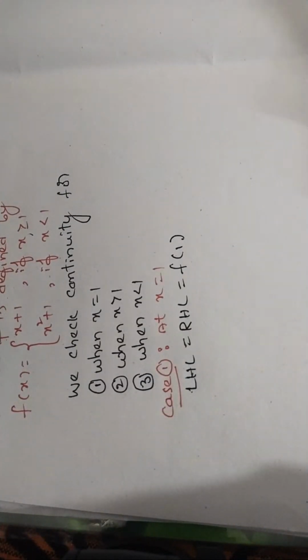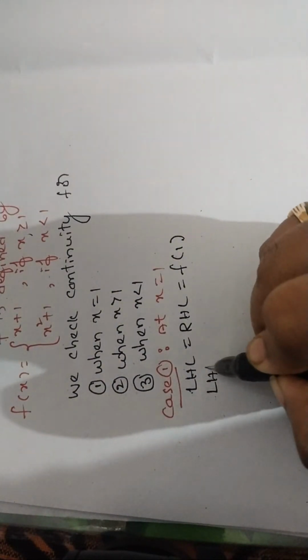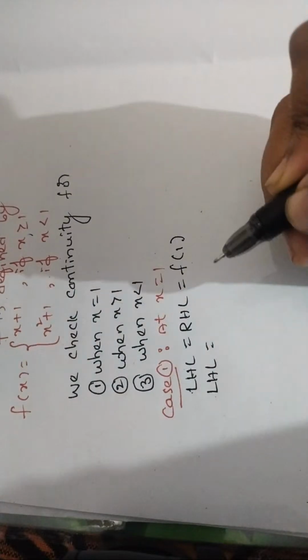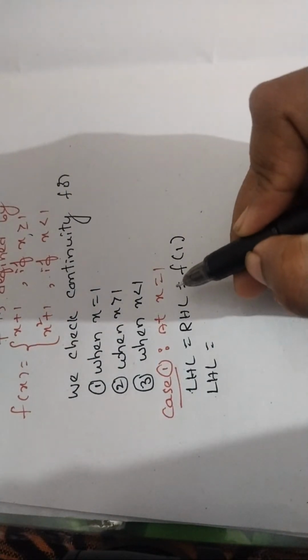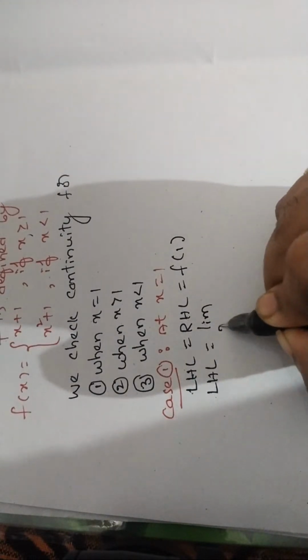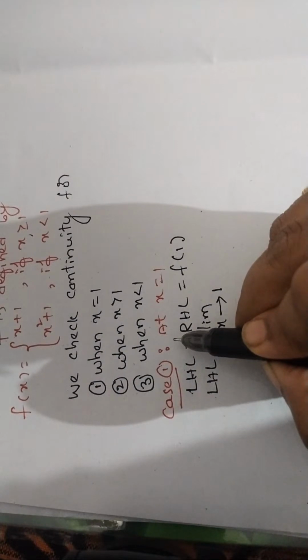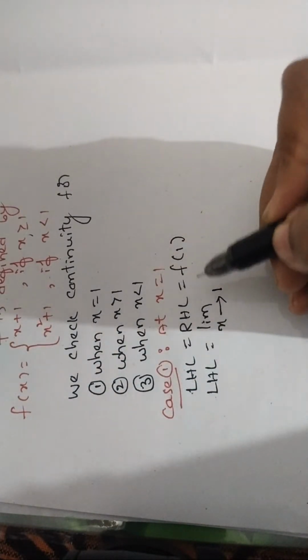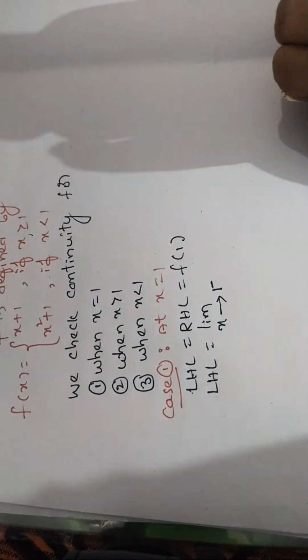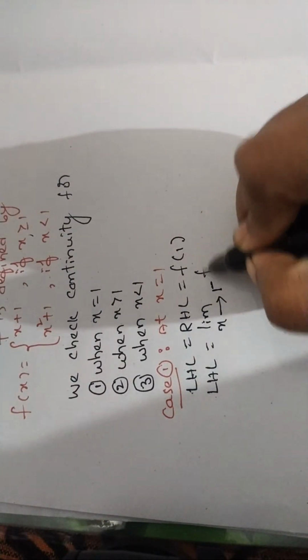So we will use this formula. How can we write the left hand limit for this? Limit x tends to 1 minus f of x. The left side of 1 is less than 1, so I indicate it with 1 minus.